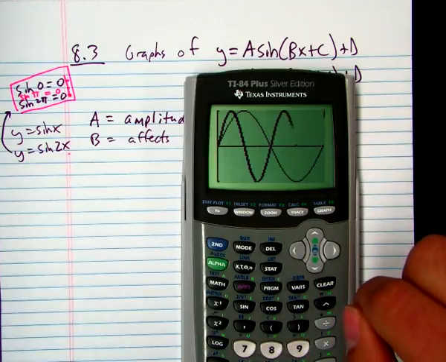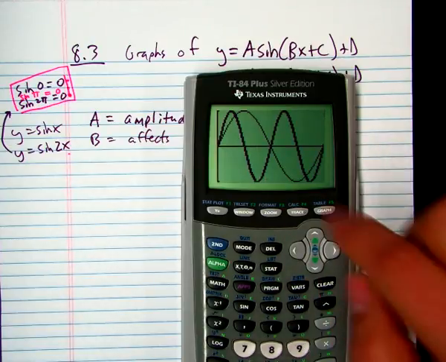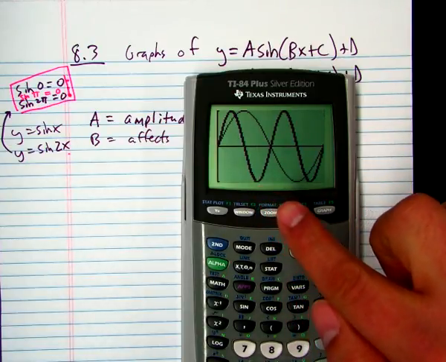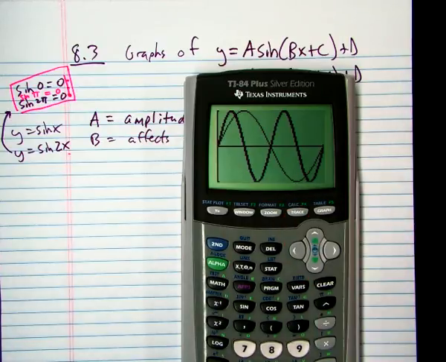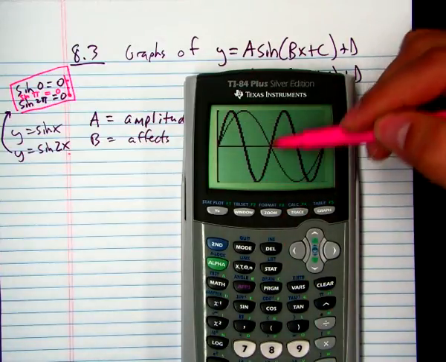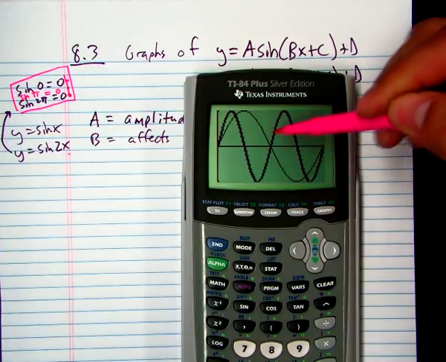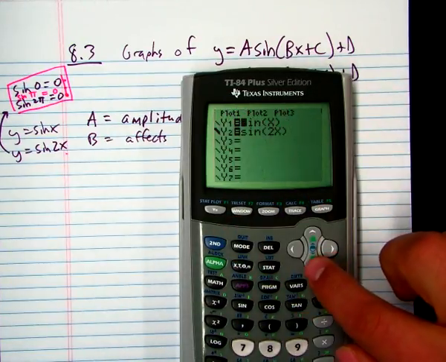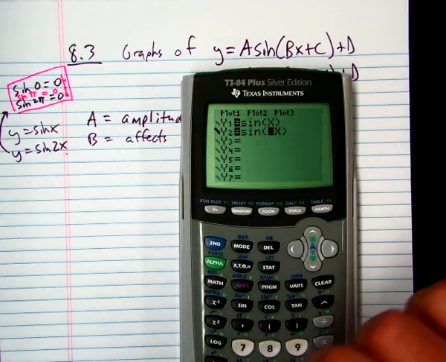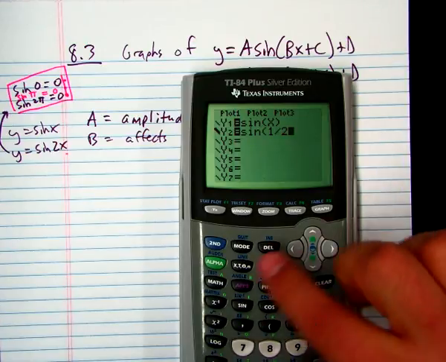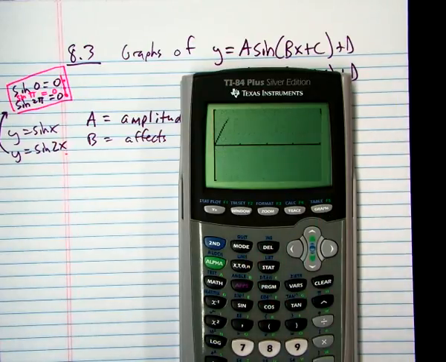So by the time it gets to 2 pi, our new graph has gone through how many periods? It's gone through 2 periods, right? Now, if I make this into a fraction, say a half, the new graph should do what? So what's the period going to be for that one?